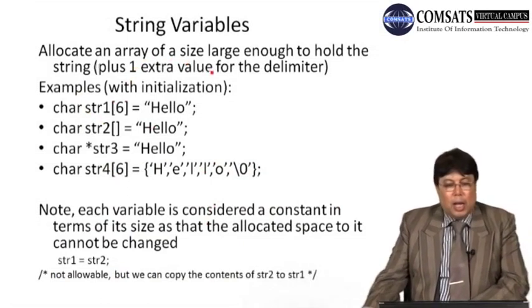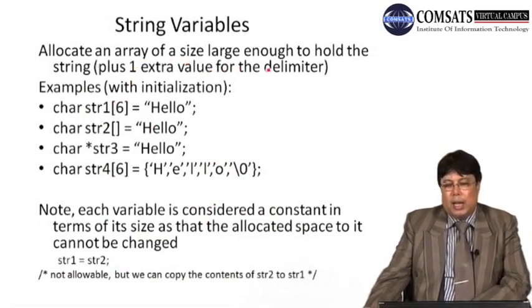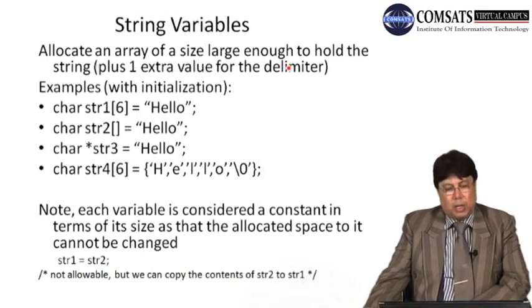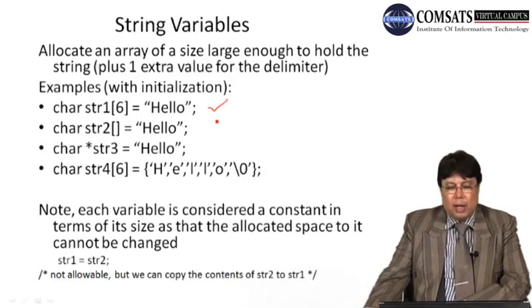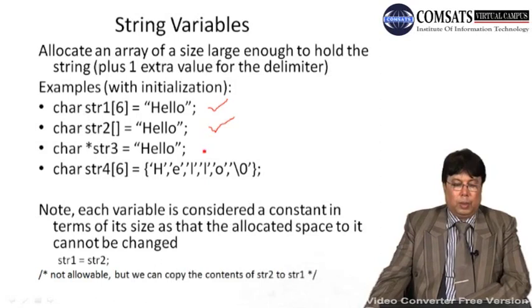Just continue with that. Allocation of an array should be large enough to hold a string plus one delimiter character. ये just a repetition that I already said. Let us concentrate on the initialization of an array. We have defined str1 as an array that comprises a string hello. Then we defined another string which is also hello.